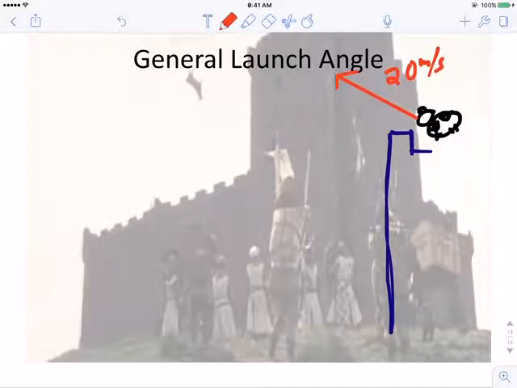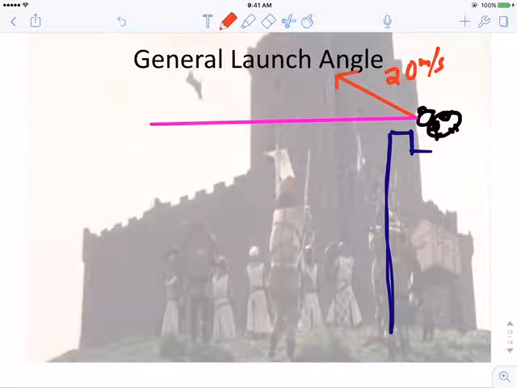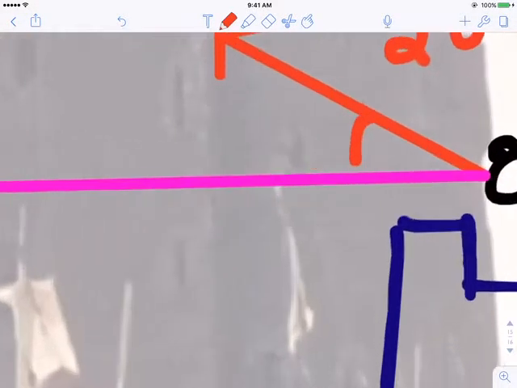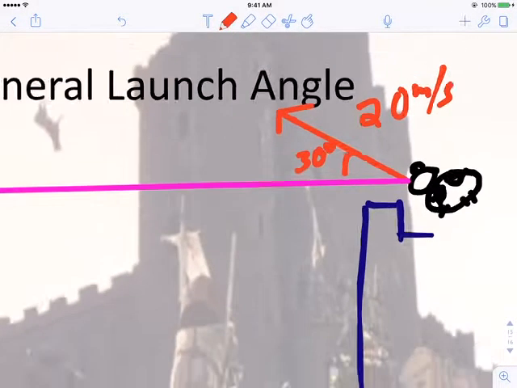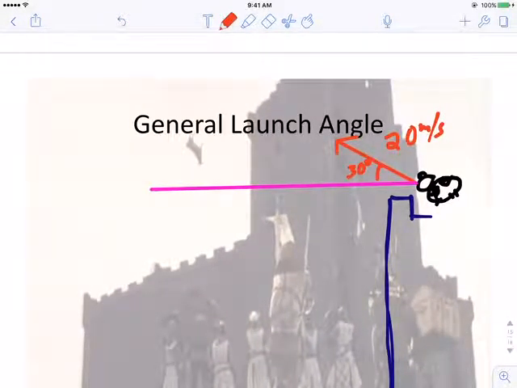Now, the important thing to also label here is going to be the angle at which this is launched. So I'm going to draw in kind of an x-axis to deal with here. And so what you might see in a problem is that it's launched at an angle of, say, 30 degrees above the horizontal, something like that.